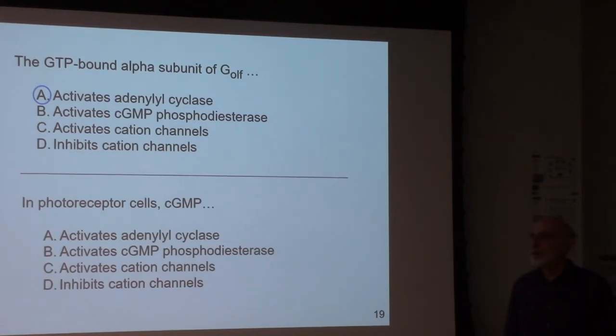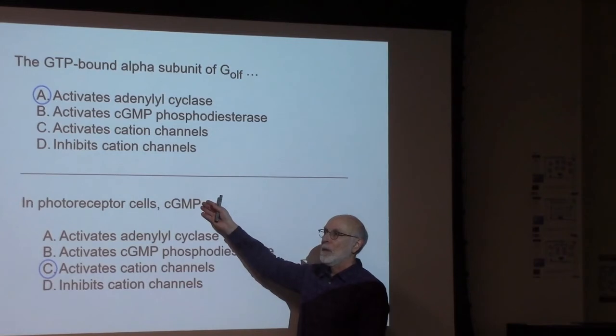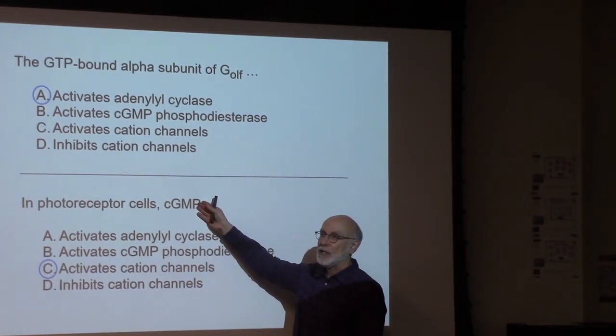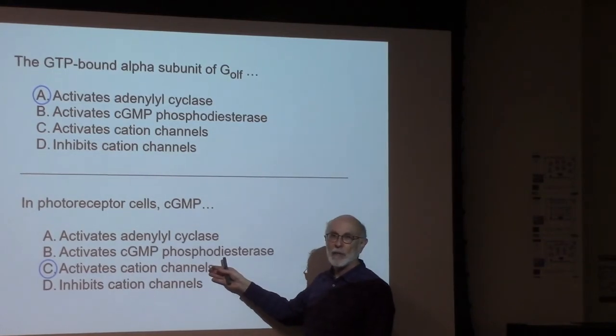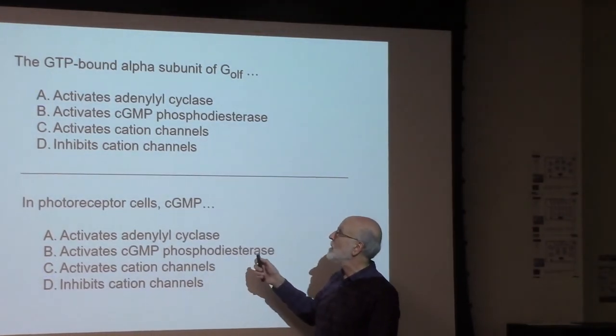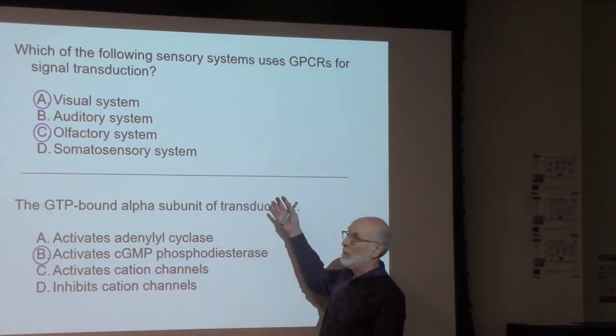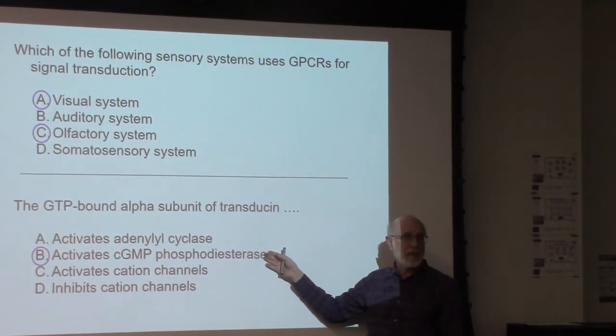It activates cation channels. Remember the story in the dark: the guanylyl cyclase is making cyclic GMP, and cyclic GMP is opening channels. The resting potential of these retinal cells is relatively depolarized, and there's lots of neurotransmitter release. When light hits the receptor and activates transducin, the phosphodiesterase cuts cyclic GMP, allowing those channels to close.